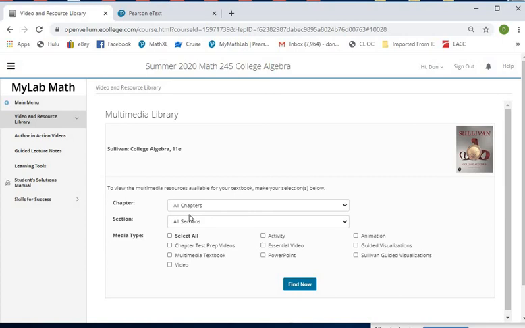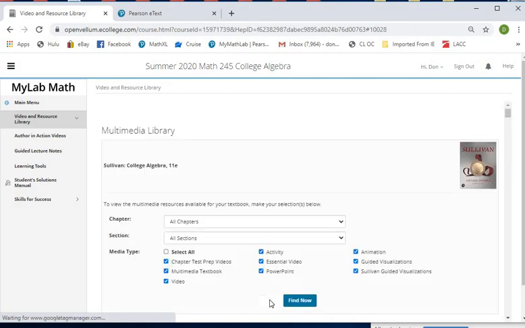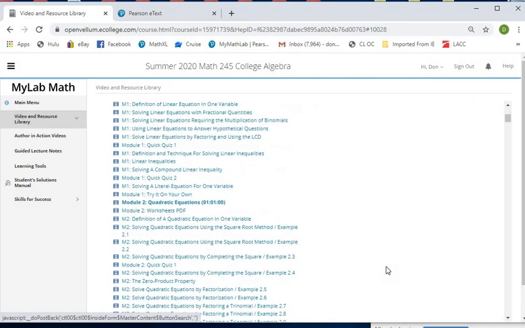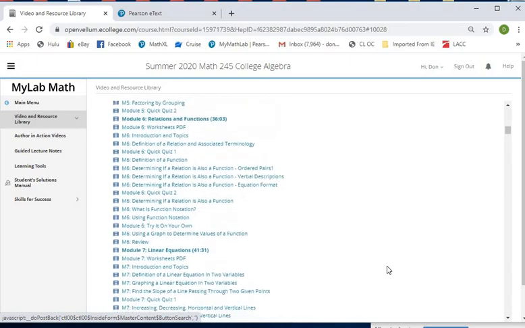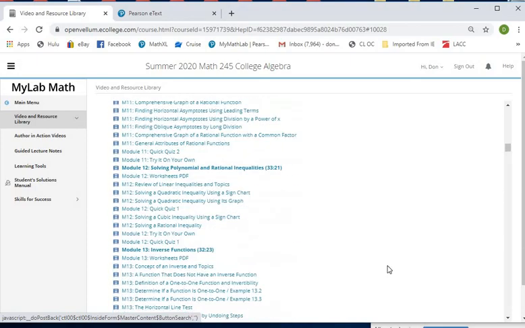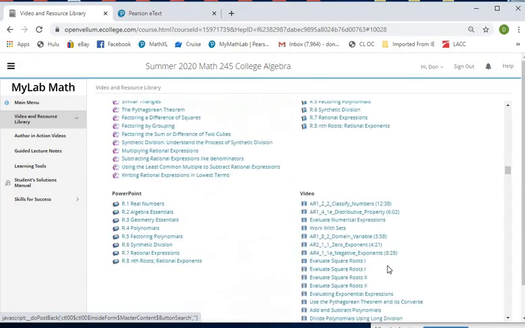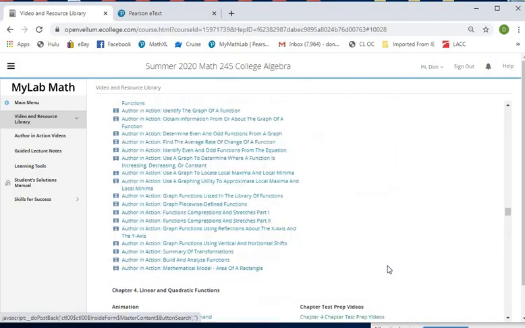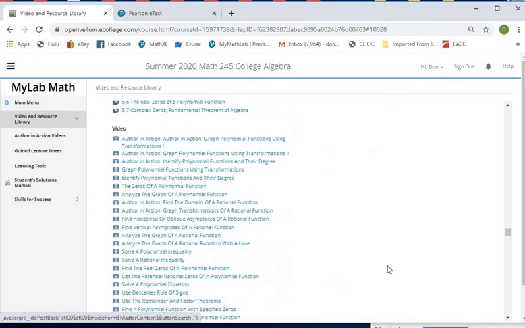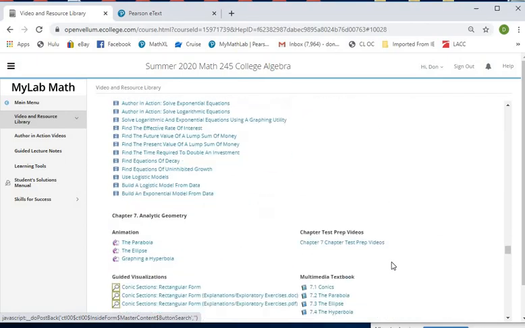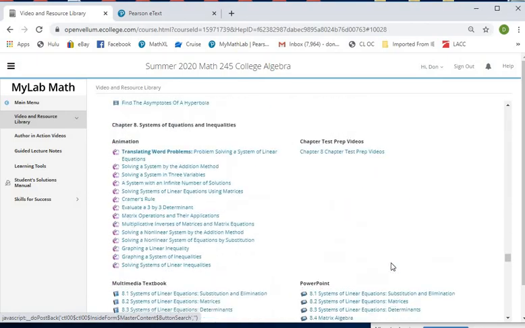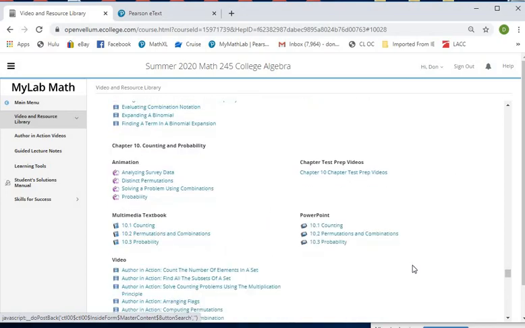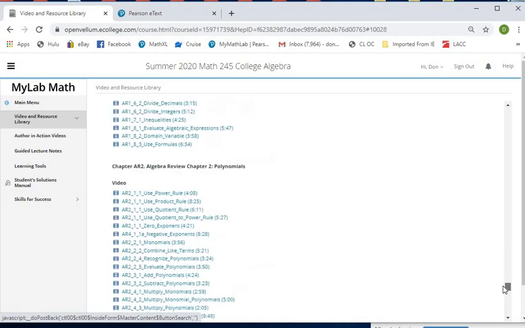If I don't put any filters on this, if I say all chapters, all sections, and all media types, I'd be watching pages and pages of videos, guided instruction, all these things would just be overwhelming. So I get it.